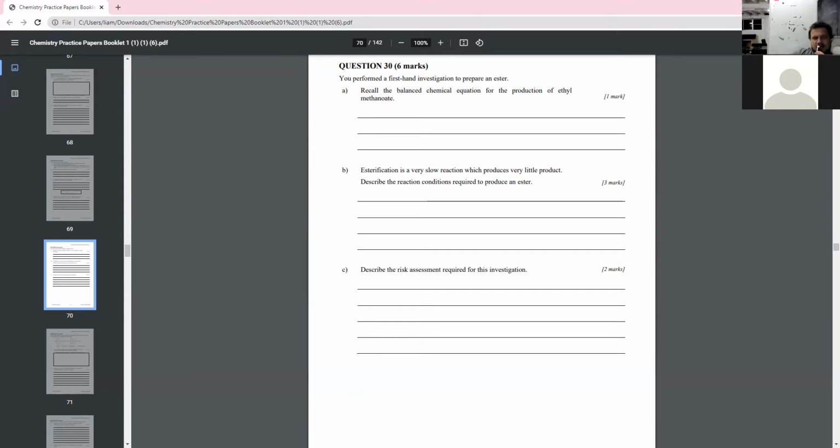What would be an example of a name of an ester, Kai? Sorry, Kai. An example of how we name esters, what do we call them?